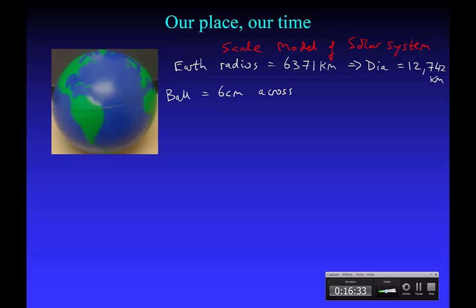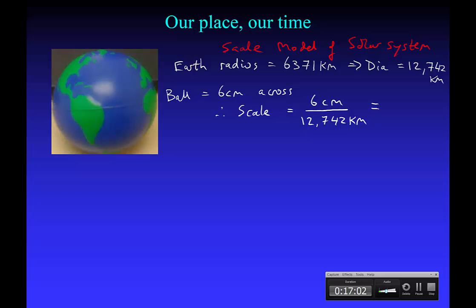So I'm going to attempt to calculate a scale model. Therefore, the scale factor would be the model size ball, which is 6 centimeters, divided by the 12,742 kilometers. Now these two numbers have to be in the same units in order to get a true scale.